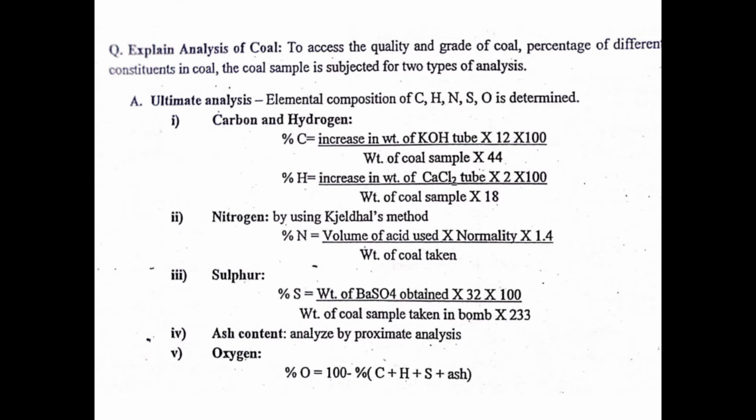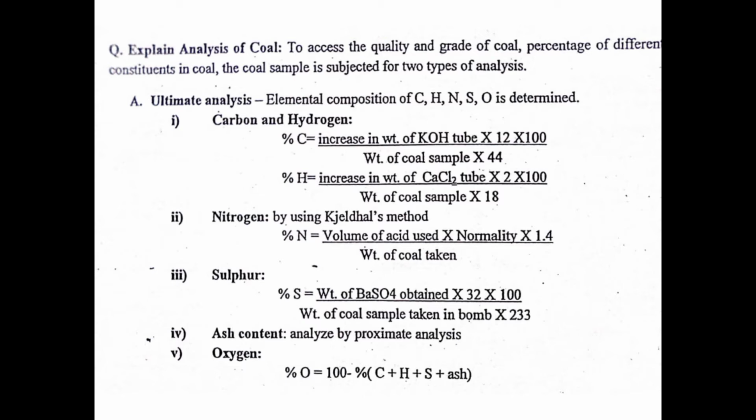After that, the solution is absorbed by a known volume of standard acid solution, and the volume of acid used for this method is calculated, and through this we calculate the percentage of nitrogen.